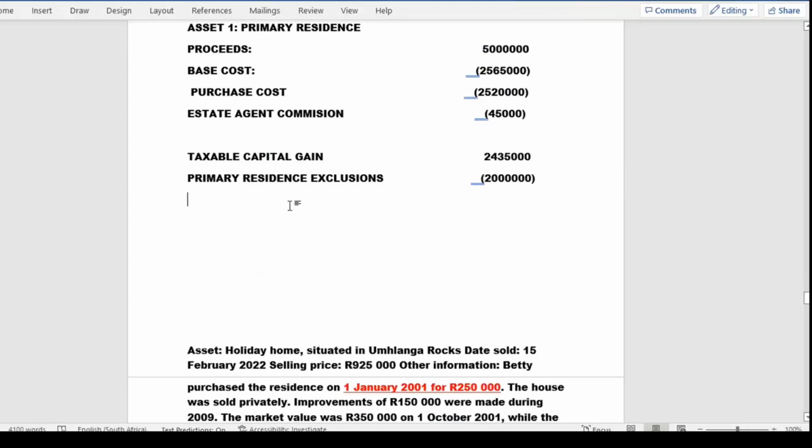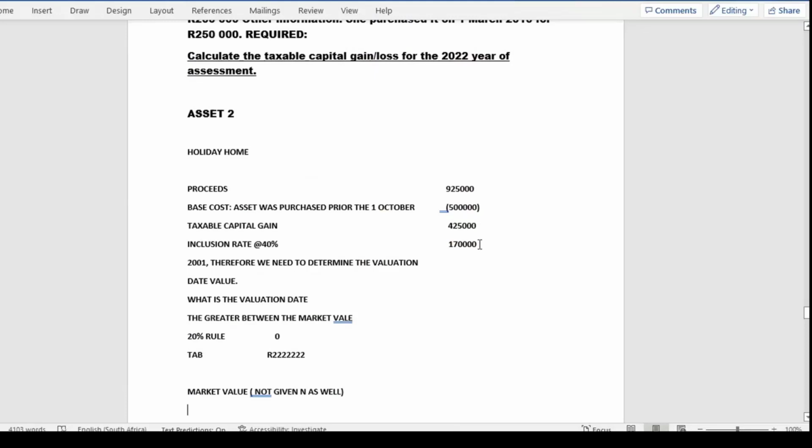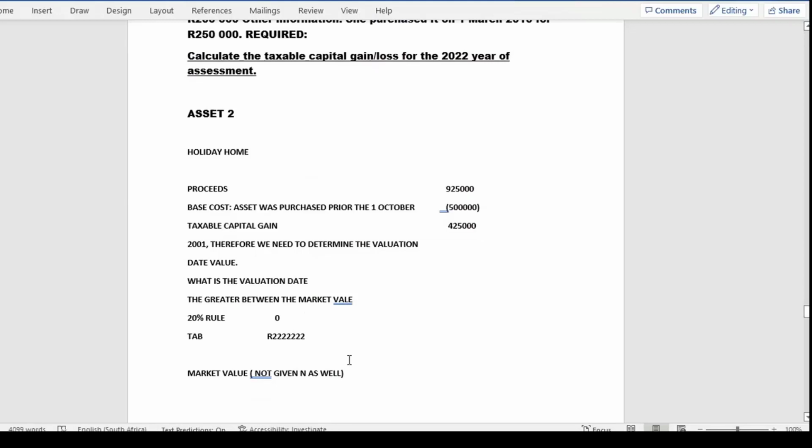I was supposed to say capital gain, 435,000. And on the second asset, this is supposed to be 425,000.